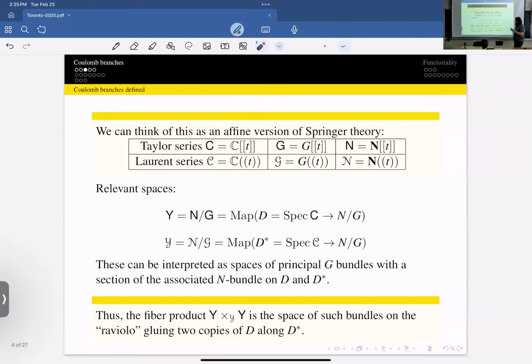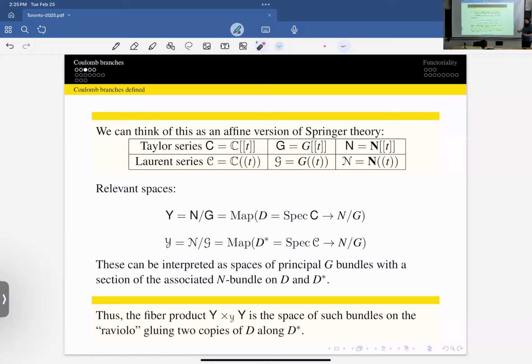And that definition, I'm going to rephrase it a little bit, but it was sort of geometric. It was kind of an affine Springer theory story, where I would take my representation and take my group and think about replacing those with their Taylor series and Laurent series versions. So, right, my G is going to be something like GL_N.